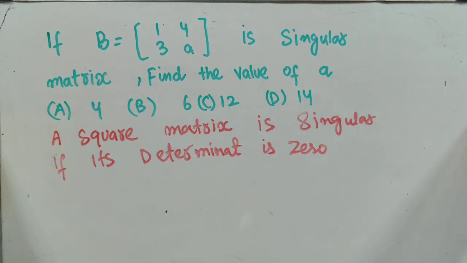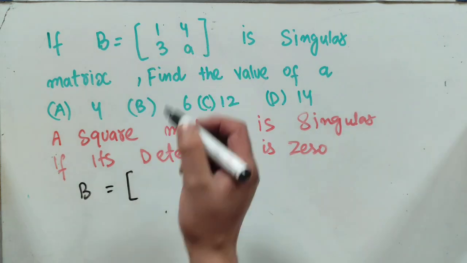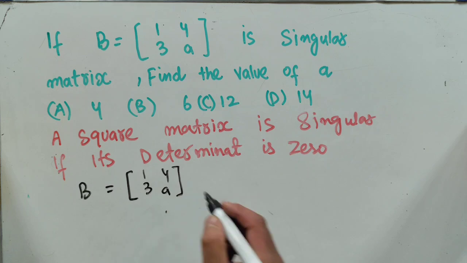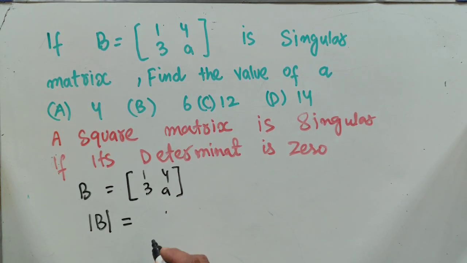That means we have a matrix B which is square, because the number of rows is equal to the number of columns here. We say it is singular when the determinant of B is equal to 0.